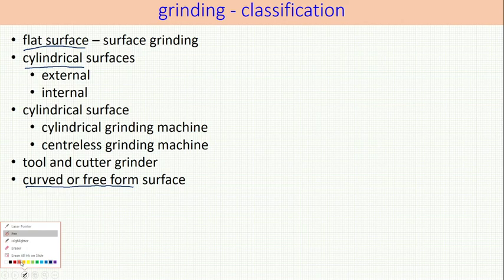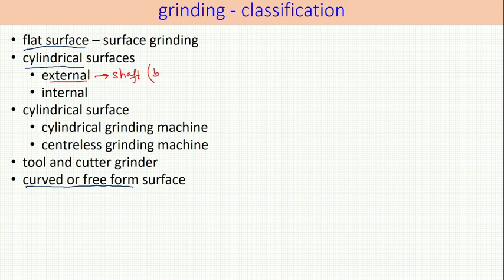More mechanical engineering examples are, for external surface, you have a shaft. This shaft has bearing locations. So those bearing locations are to be ground.